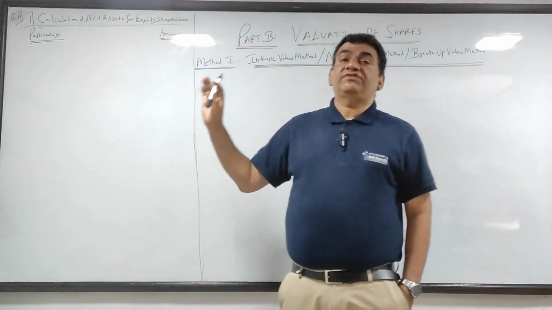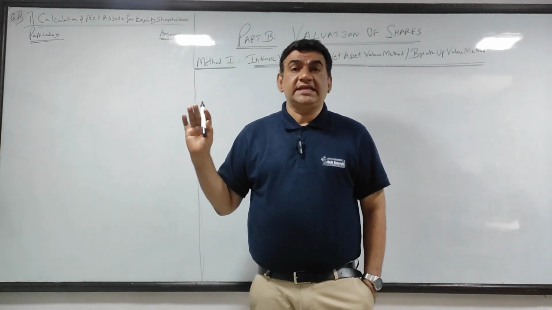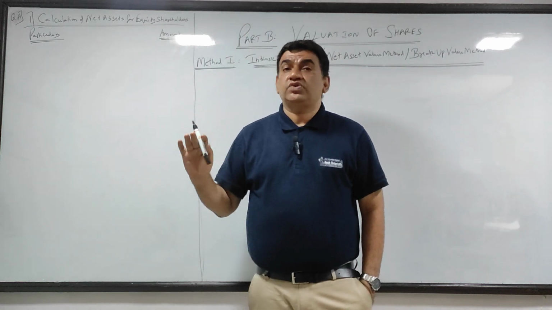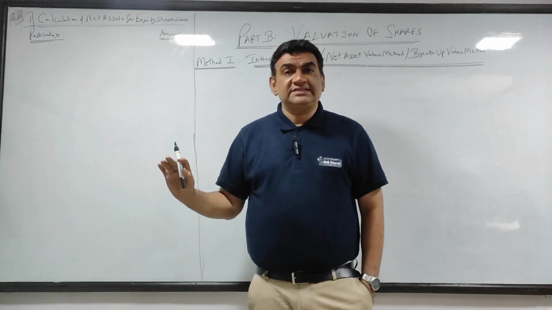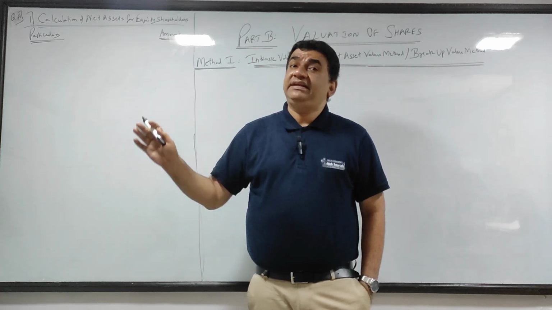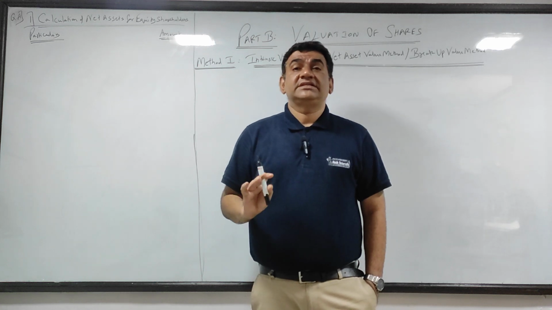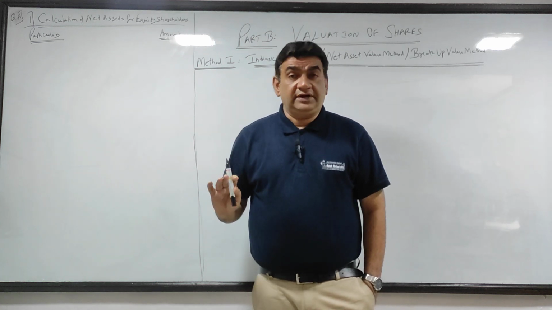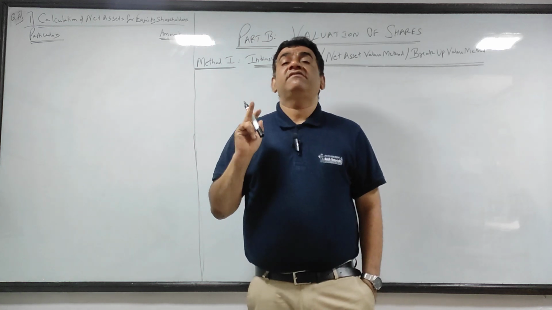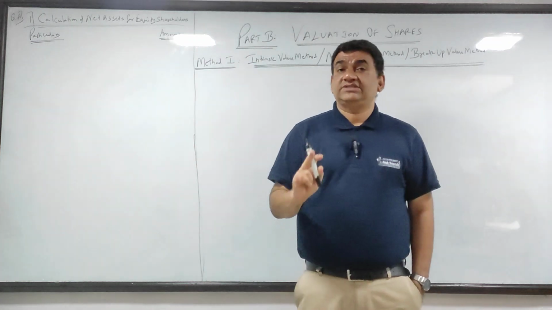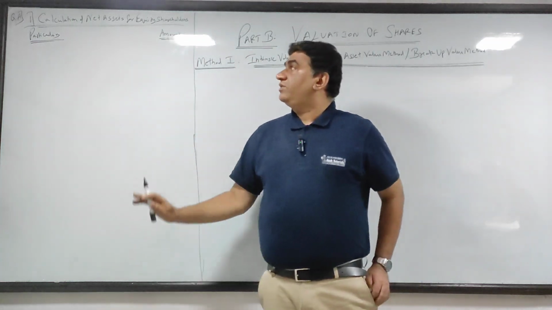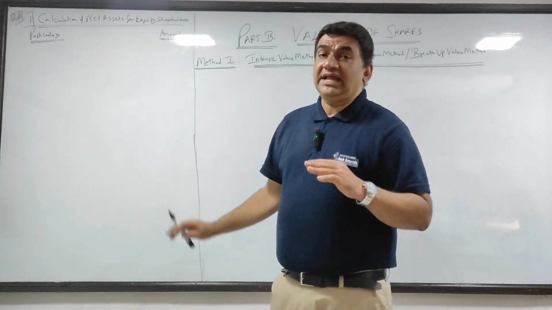Now here it is valuation of shares, not the goodwill part. So here when I take total assets, I will take goodwill, I will take all the investments whether trade or non-trade. The only thing I will ignore is fictitious assets. So keep in mind, when I calculate net assets, the first part is total assets.